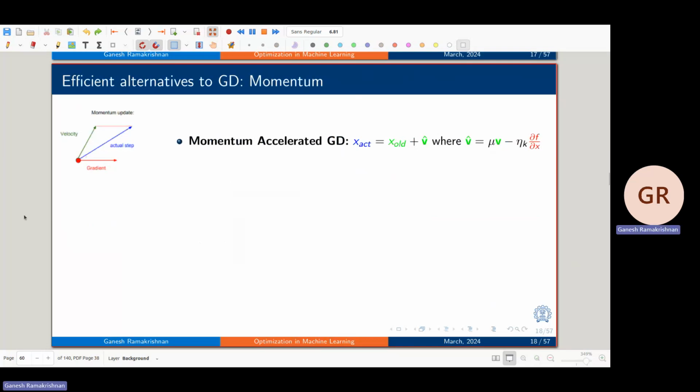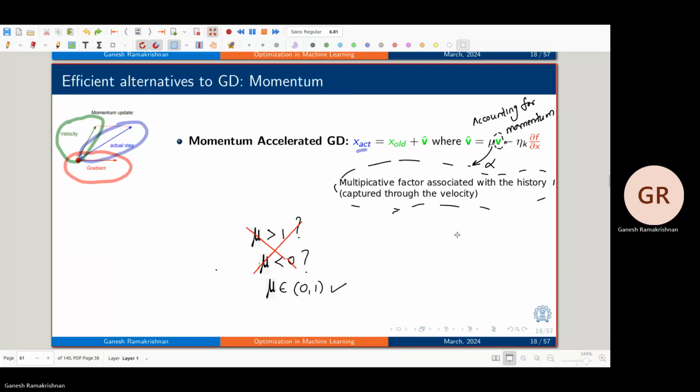Now there are multiple possibilities here. Let's also look at what this mu and eta are. The v is about accounting for the momentum. The red is called the momentum update, but v is accounting for the momentum. And mu is the multiplicative factor associated with the history, which is being captured through the velocity. So there's a tendency to go here, the gradient says go here, and I get the actual step. You understand? That's a simple idea.